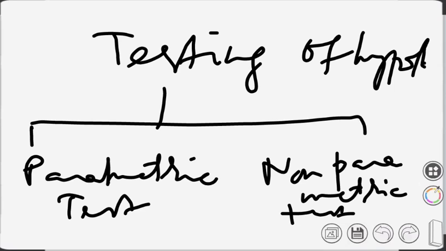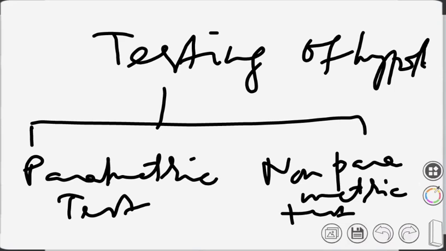So in case of parametric test, we suggest some values of the parameter and check with the help of the sample whether our suggestion is 95% correct or 99% correct or 90% correct. With some level of confidence, with some level of significance, we test the value of the parameter whether the suggestion is correct or not.